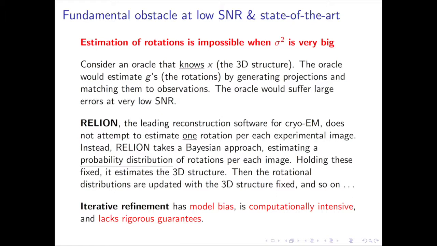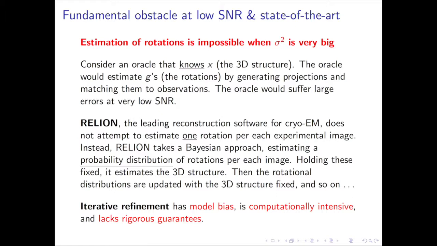And what RELION does is it iteratively estimates soft assignments on rotations, and then holds those fixed and estimates the 3D structure for the molecule. Holds the molecule fixed and updates the rotation guesses, back and forth. This is called iterative refinement.